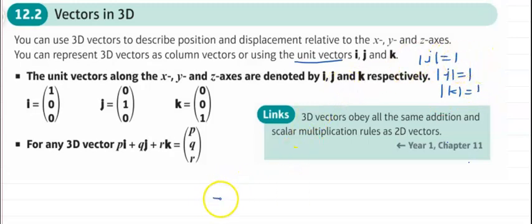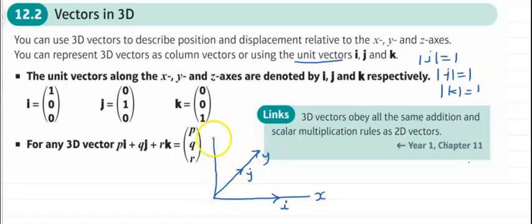So if this is our x-axis, here the unit vector is i, and this is our y-axis, here the unit vector is j, and this is our z-axis, and here the unit vector is k. On the x-axis the unit vector is i, but there is no j and k, so we can write 1 0 0.